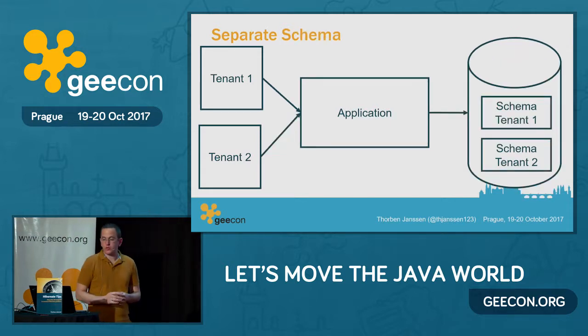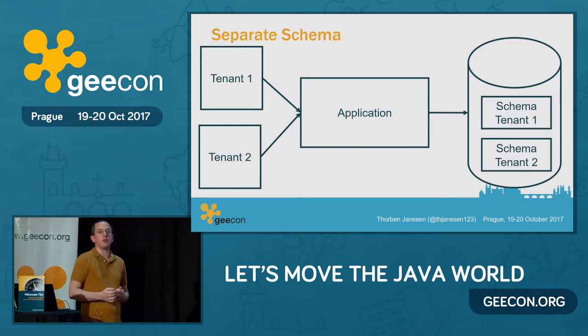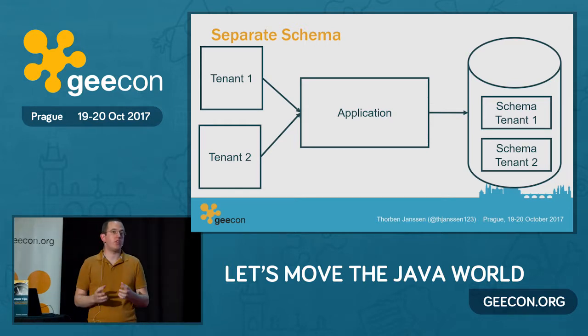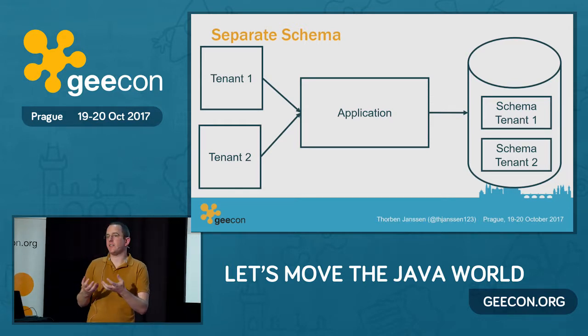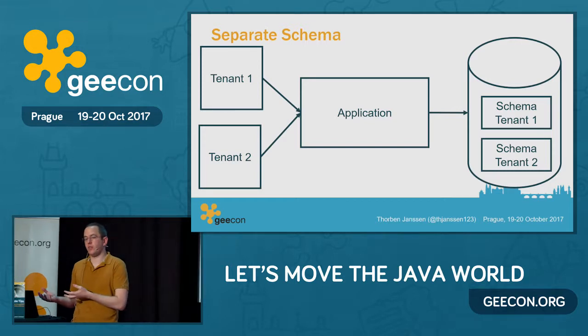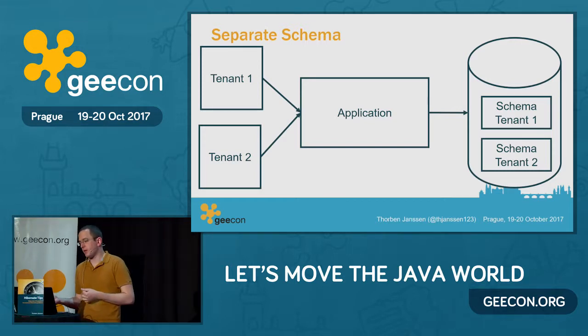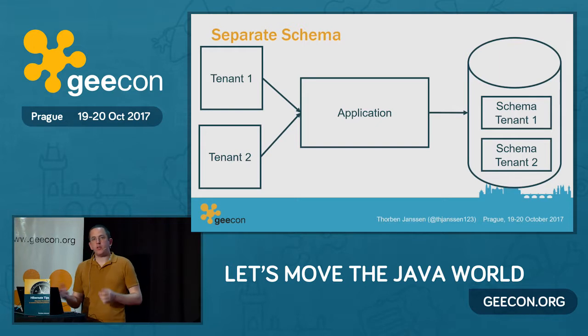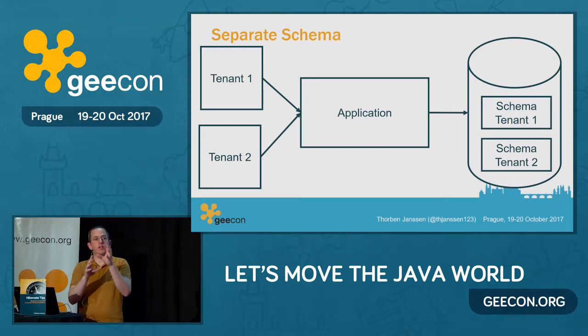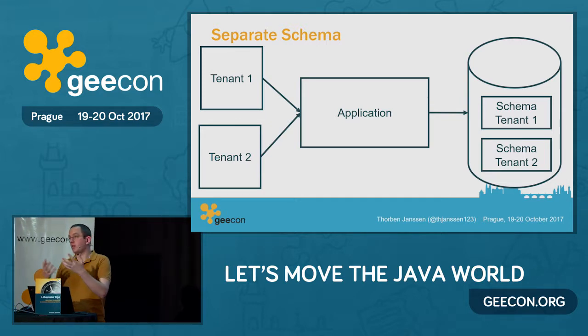The second approach would be separate schema. So there you have a little bit less separation than in the separate database approach. With separate schema, you have one database, and each tenant gets its own schema. Each schema contains the same database tables.